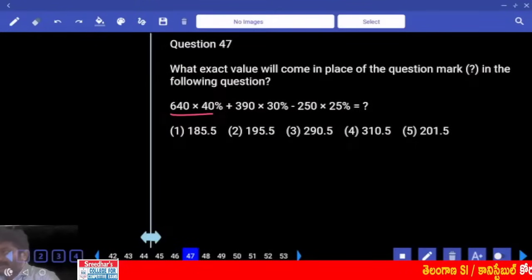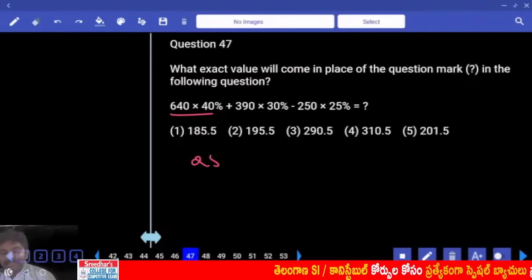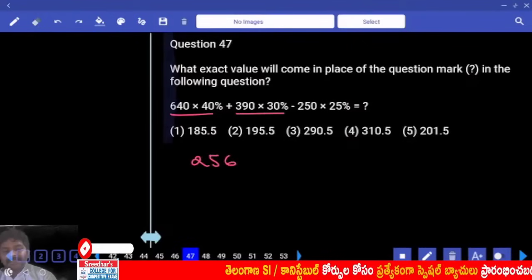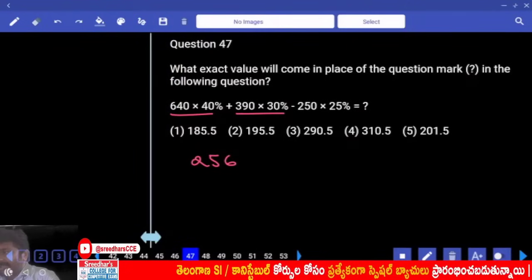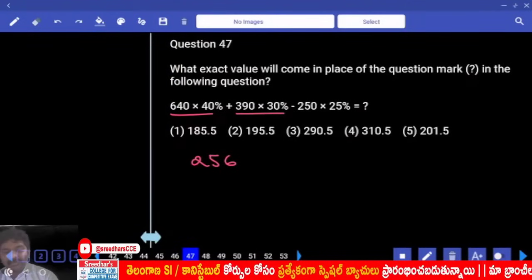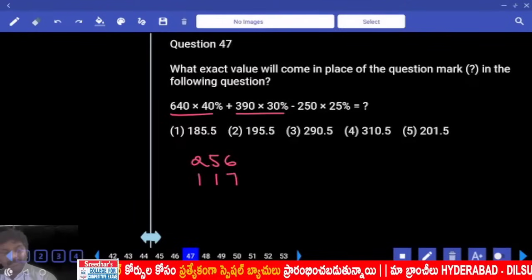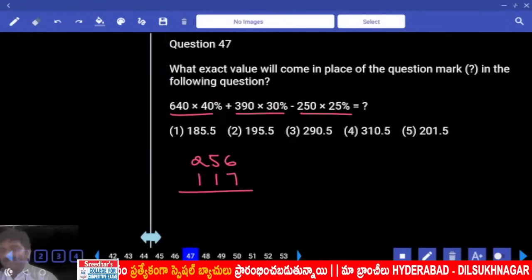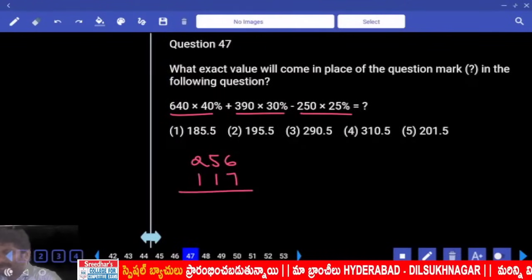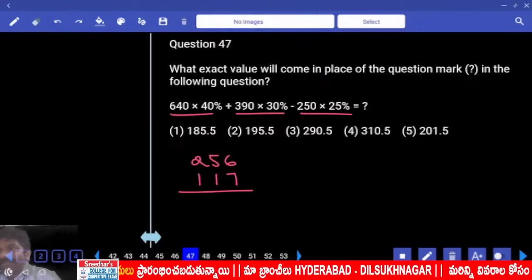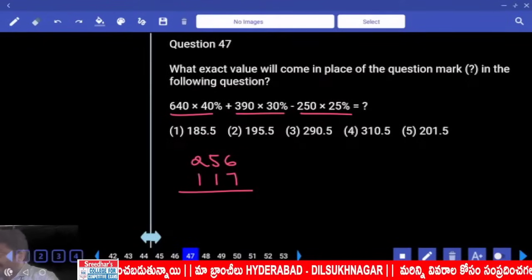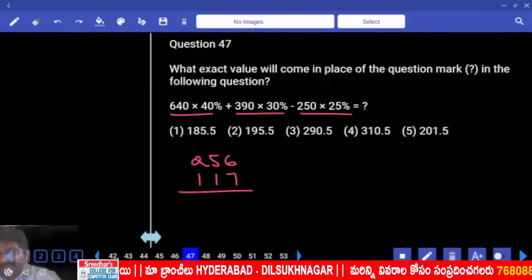40%, 10% double. 10% 64 double. 250. Okay. 30%, 10% 3 times, 39 3 times, 117 minus, we have to add these two numbers and need to subtract the third number. 25% of 250, forget about decimal for some time, 25 into 25, 625.